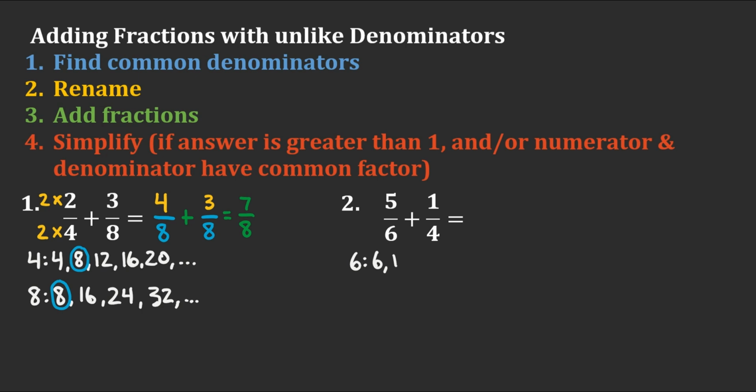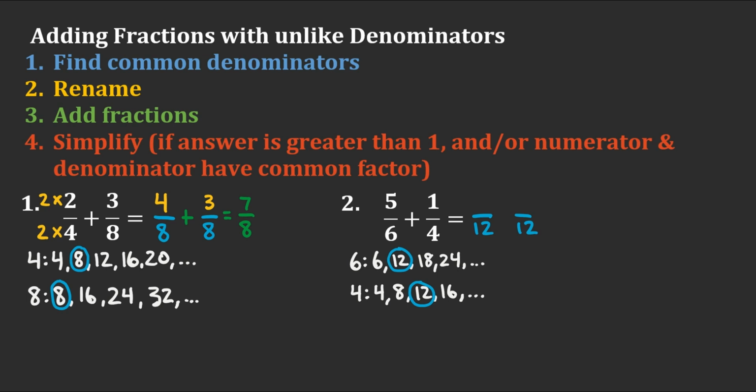We can list out those multiples. Since they go on forever and ever, we can try 4 or 5, and if we need to add more, we can. In this case, we won't need to add any more because the smallest number that lands on both lists is 12. So our common denominator will be 12 for each. We go through the same steps.